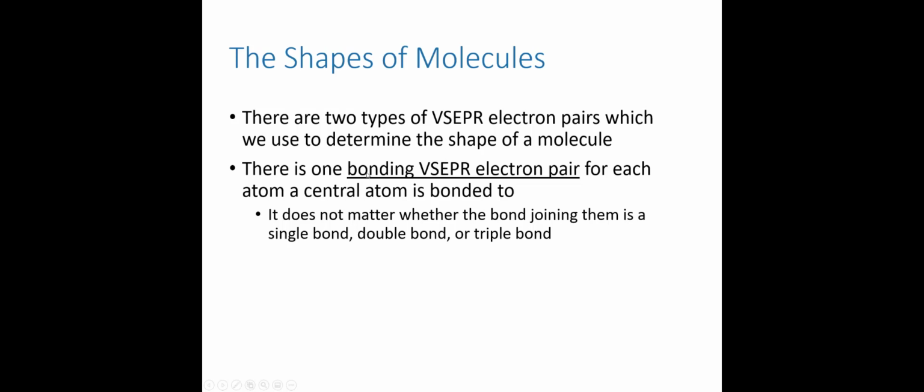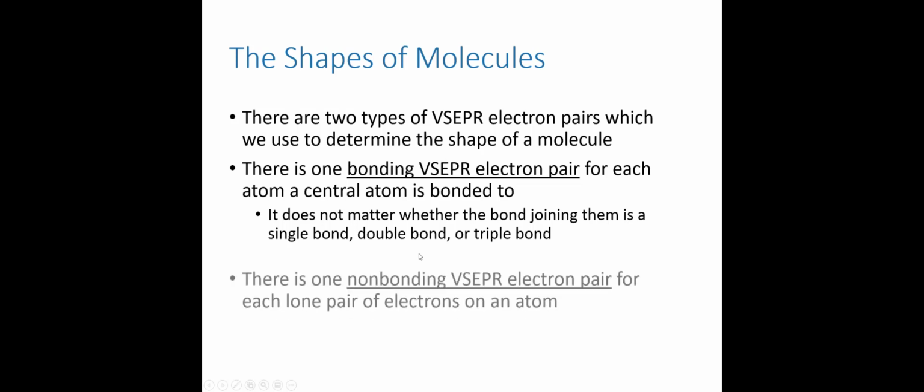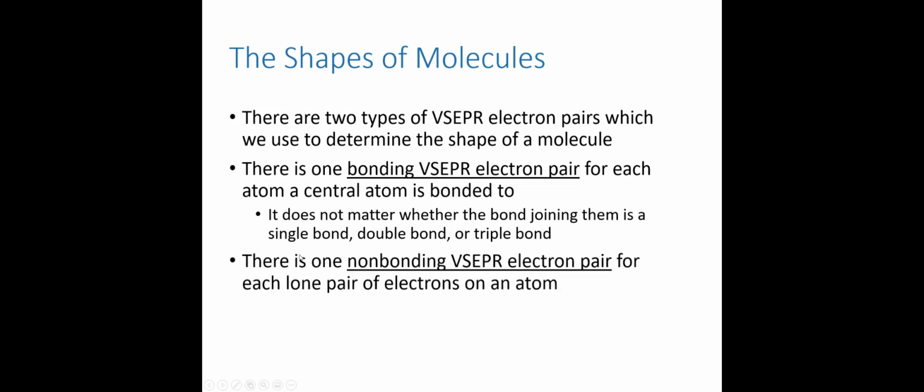Every atom counts as only one electron pair group. And then we have non-bonding electron pairs, and that is for every lone pair of electrons on the atom, and very specifically on the central atom that we are looking at.